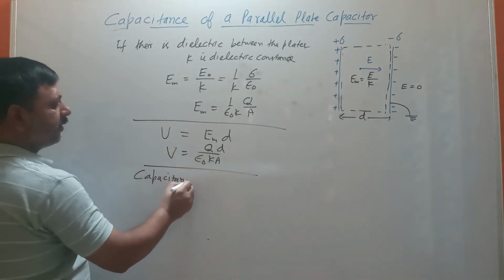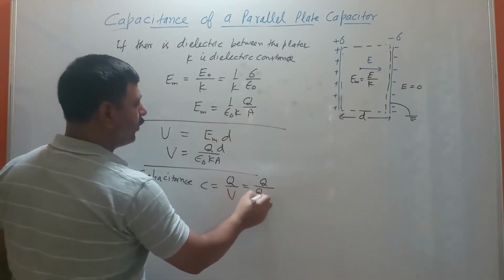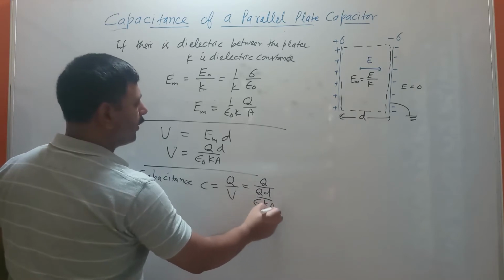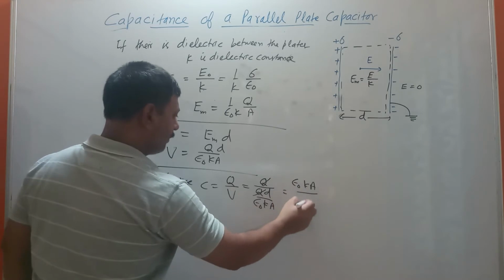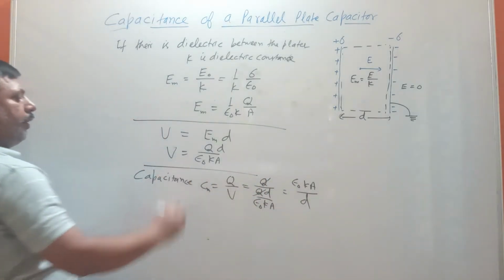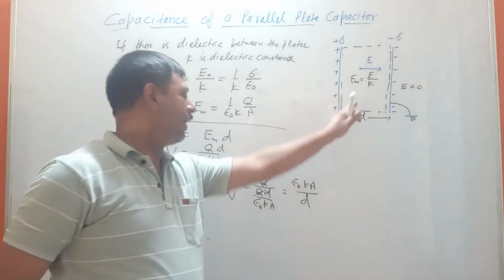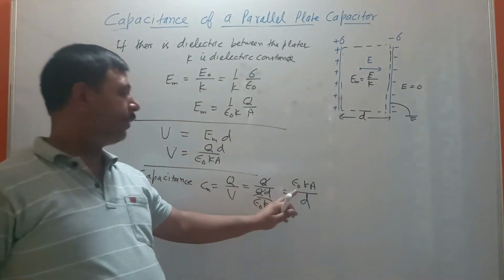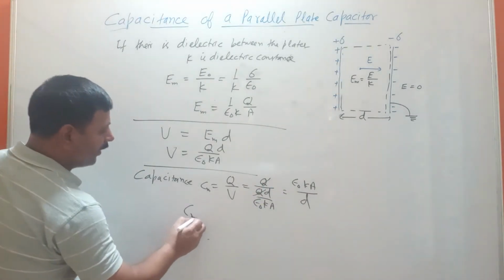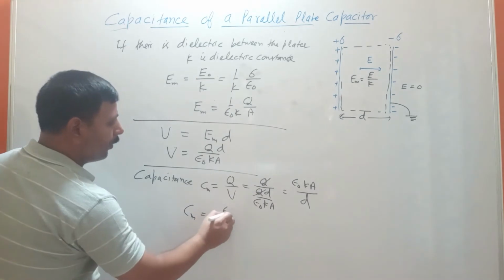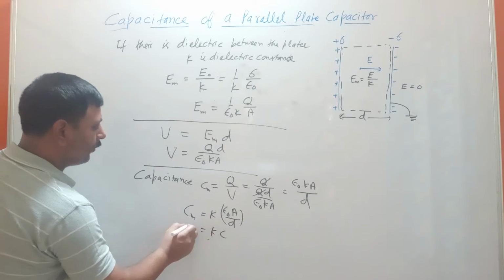Capacitance C is equal to Q upon V, which is Q upon Q D over epsilon naught K A. Q cancels, so C is epsilon naught K A upon D. So when there is a dielectric medium, the capacitance is epsilon naught K A upon D. You can see here K into epsilon naught A upon D, or K into C.